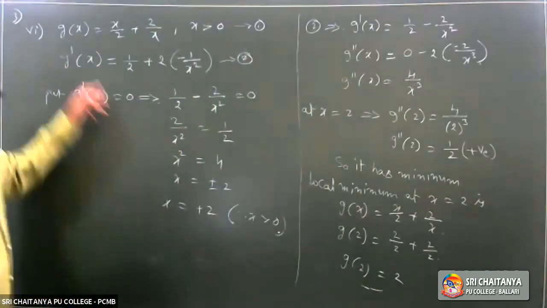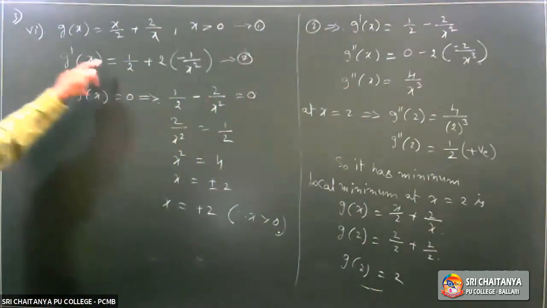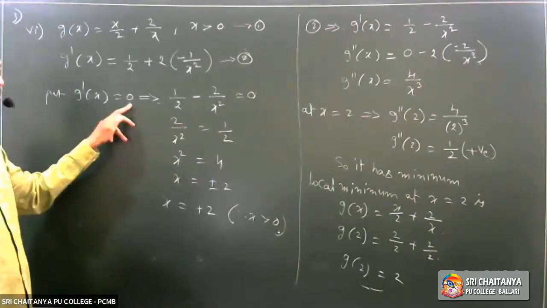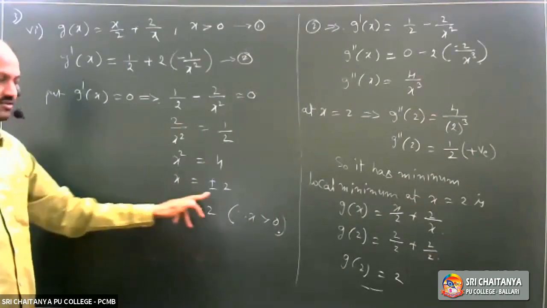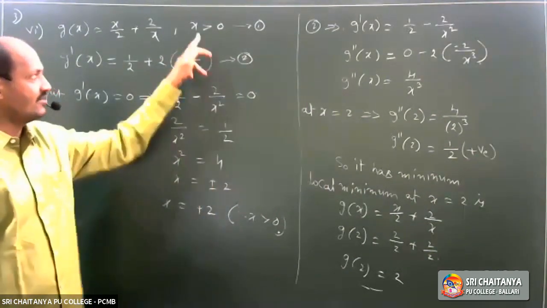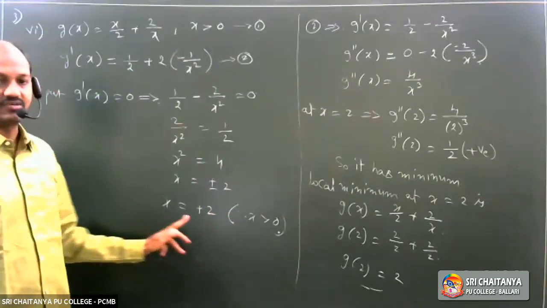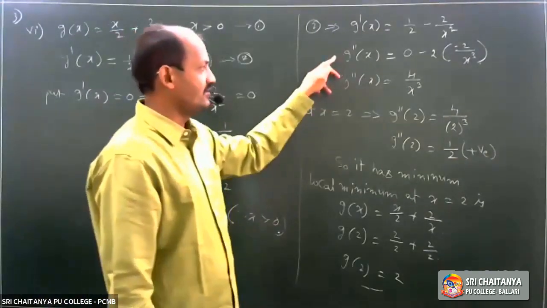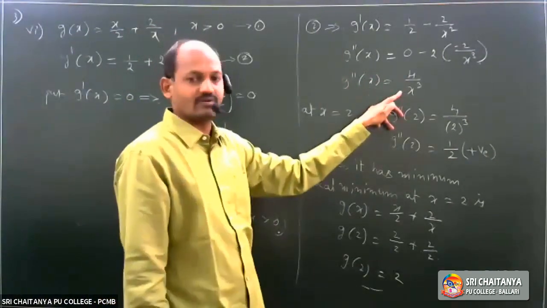Okay? Given function, find the first order derivative. For maxima or minima, first derivative is equal to 0. Then we get x equal to plus or minus 2. But according to the condition greater than 0, x equal to plus 2 only is considered. Then find the second order derivative, that is 4 by x power 3.